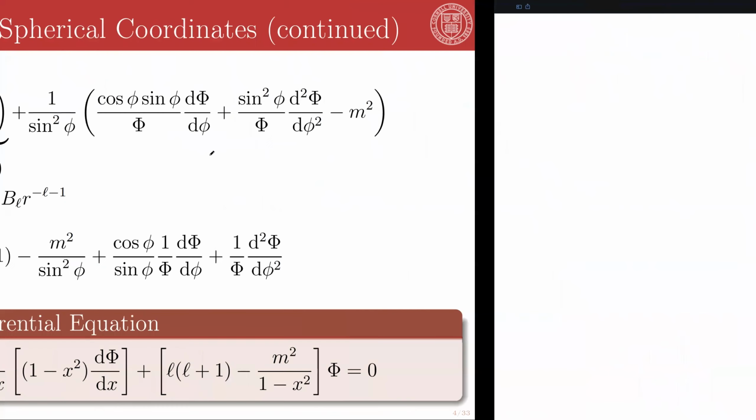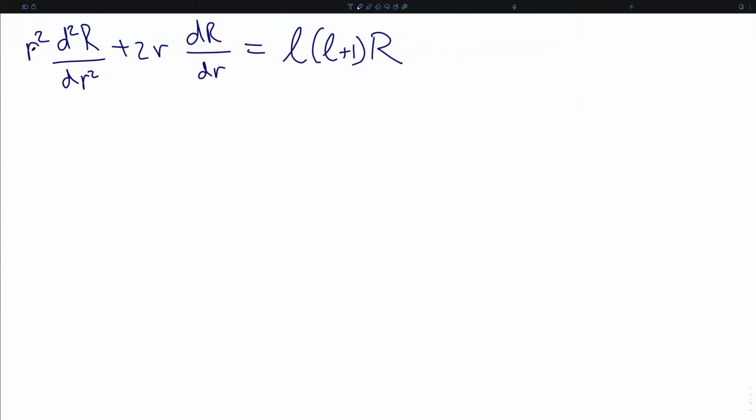So writing this out, we have coordinate r squared times the second derivative of the R function in r, plus 2r times the first derivative of function R in coordinate r, is equal to l times l plus 1. And if you recall, we had a term of the R function in each of these denominators, which we now bring over to the right-hand side. We do so because this is a known form of differential equation known as Euler's differential equation.